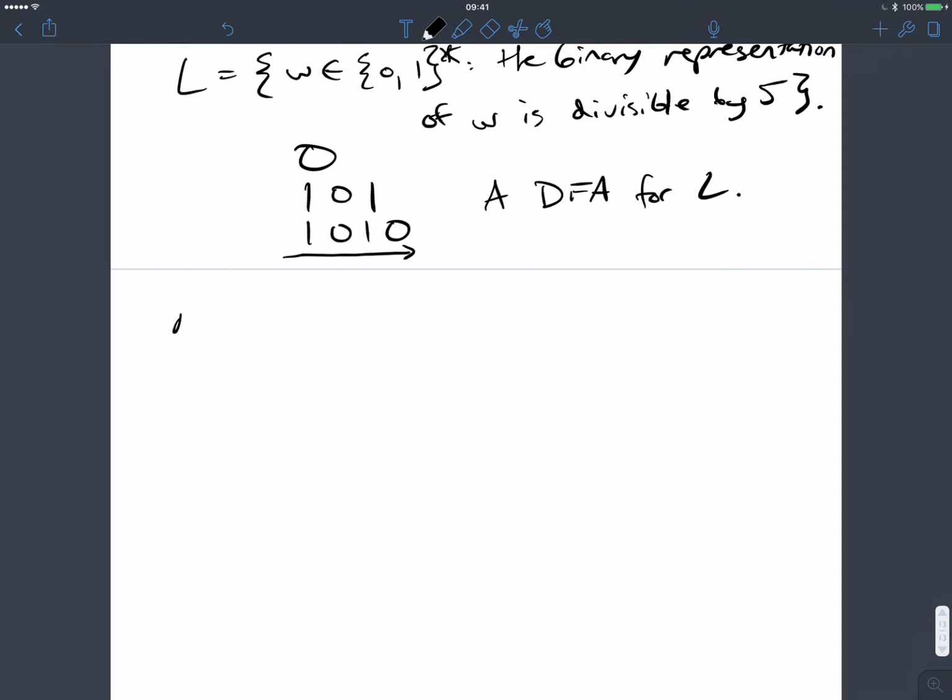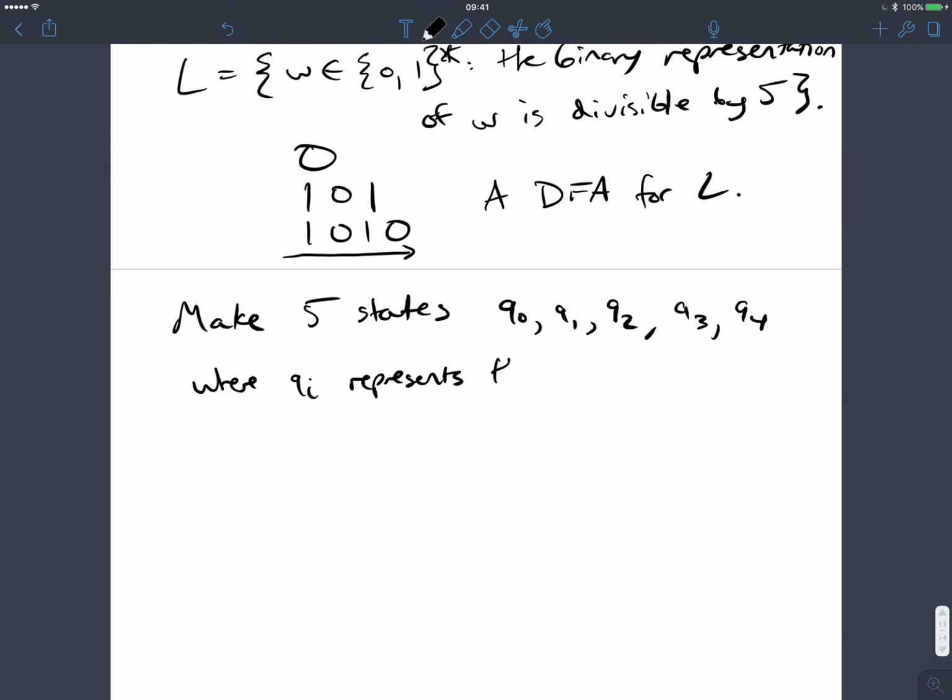So make 5 states, q0, q1, q2, q3, q4, where qi represents the string so far having remainder i when divided by 5.